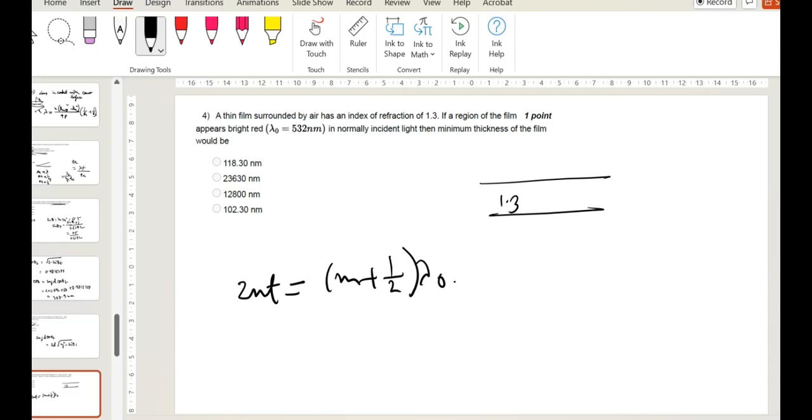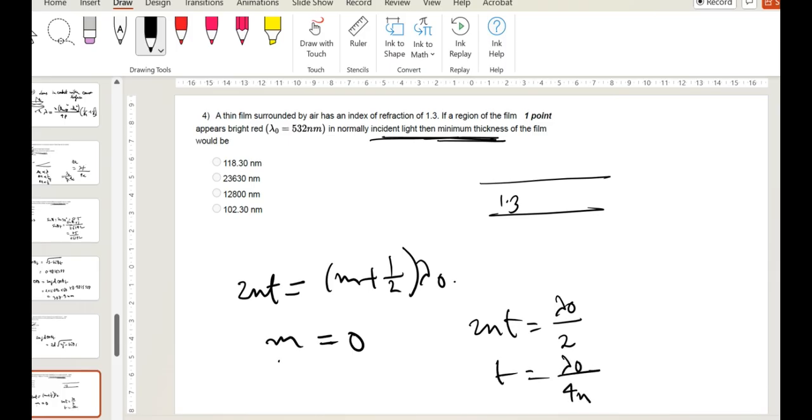For minimum non-zero thickness, m is equal to 0, so 2nt is equal to lambda naught by 2. So t is equal to lambda naught by 4n. We put in all these values, 4 into 1.3, and we will get 102.30 nanometer.